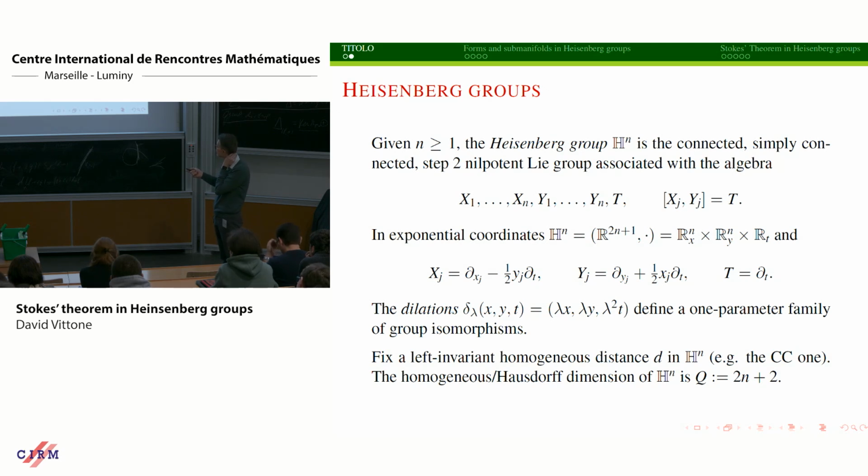It's well known that the dimension of the Heisenberg group, either Hausdorff dimension with respect to this distance or homogeneous dimension with respect to these dilations, is the number 2n+2, which is the topological dimension plus 1. The rough idea is that the vertical direction counts twice, dimension-wise.